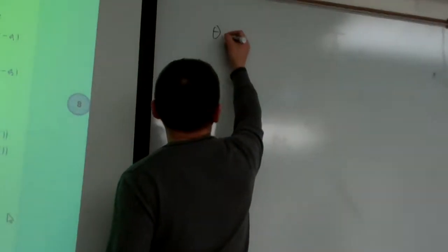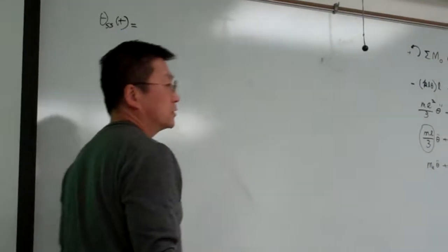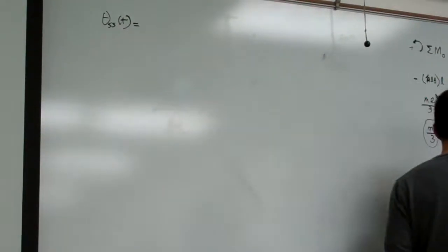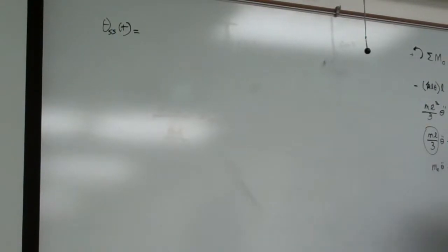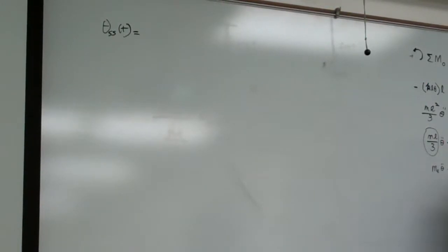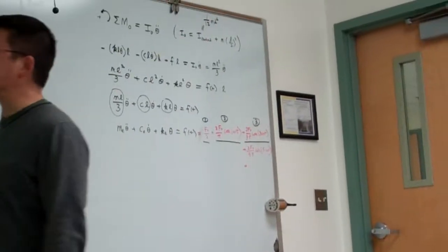So theta steady state, and that is the response of the system with respect to the individual terms here. So for example, let me call this the first term, and this one the second term, and this one the third term, etc. Okay, so I'm going to write it up individually.